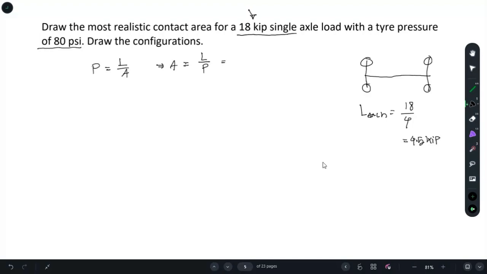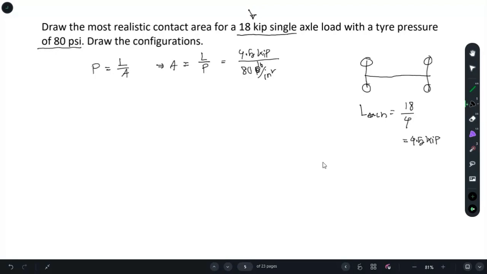So here we can find out the contact area dividing the load we have for each wheel, which is in kip, and pressure, which is 80 psi, pound per square inch. Sorry, I should write it as lb.